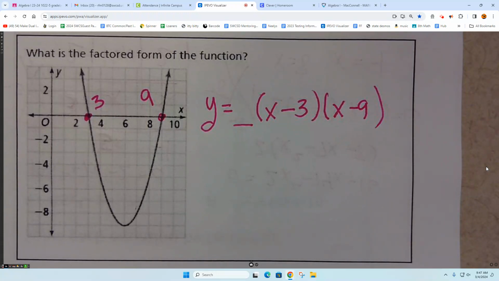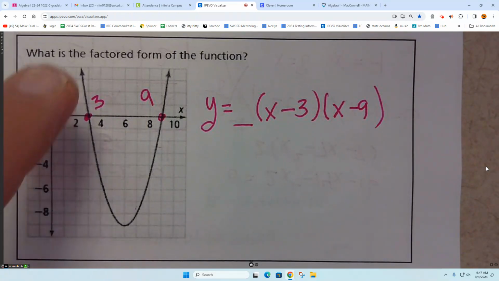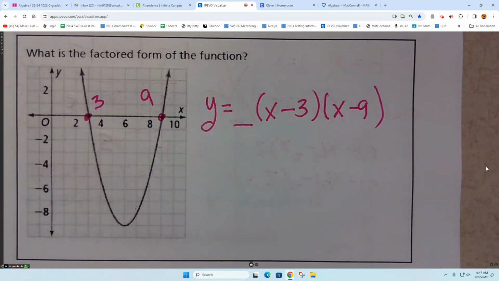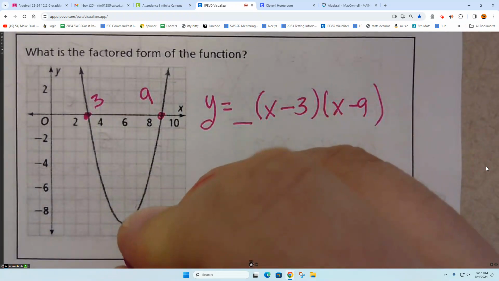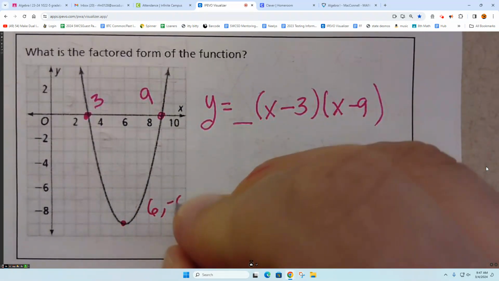What's the value of -3? I don't know what -3 is. It's way up here. What's a value I know on here? 6. What is 6 going to give us? I like that one. 6, -8.